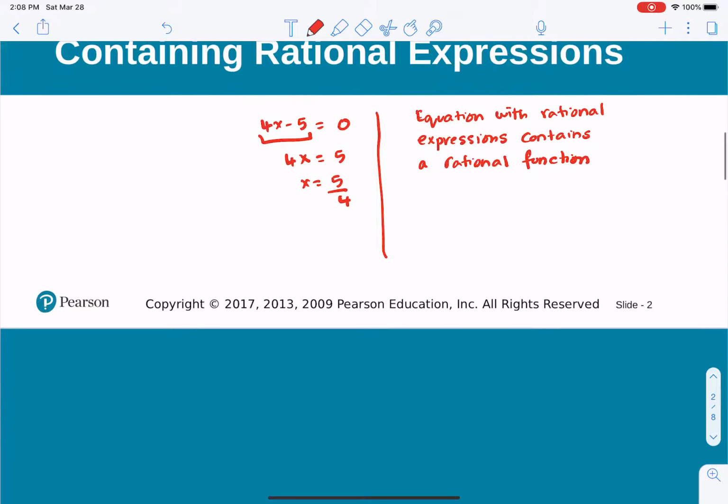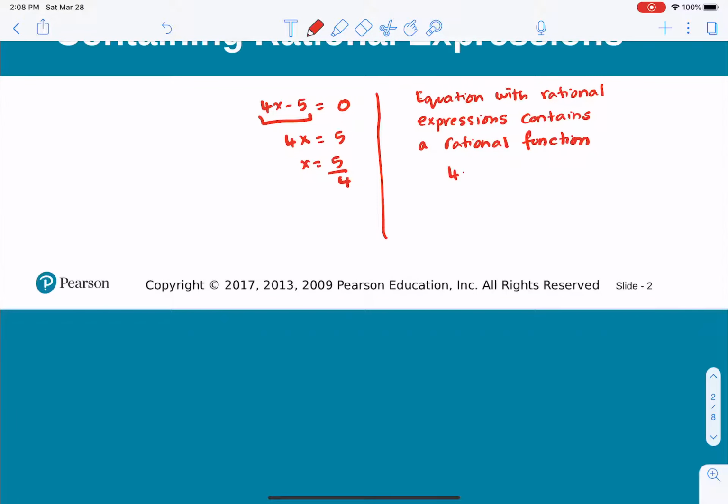So, for instance, we have 4 minus x divided by 5 minus x squared equals 0. That is a rational function. Why? We have a numerator and we have a denominator and we have a fractional function which we call a rational function.